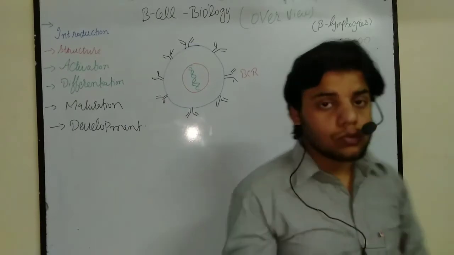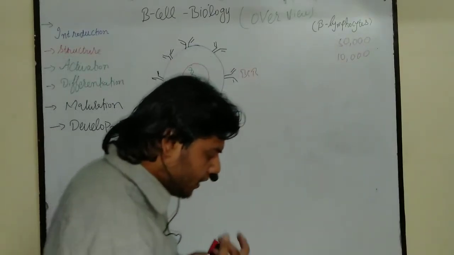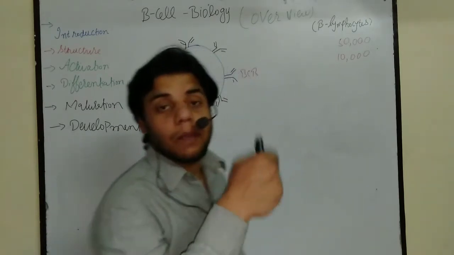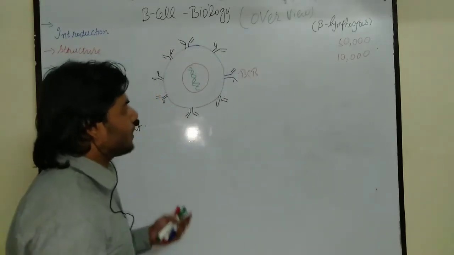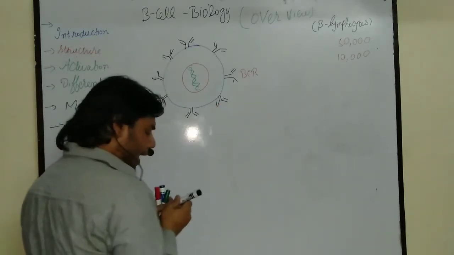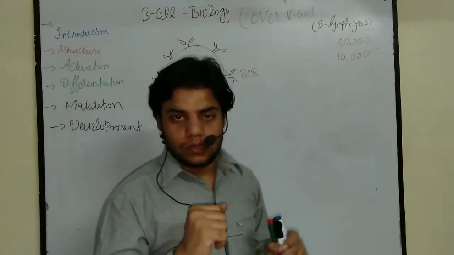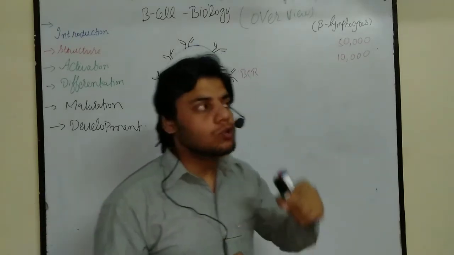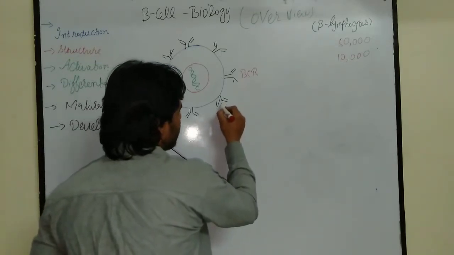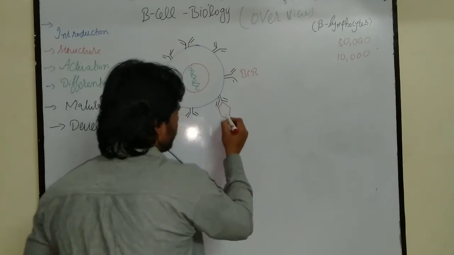So now let's talk about B cell activation. Mainly the B cell will be activated when microbes are internalized, let's suppose any kind of pathogen which comes in contact with this antibody. Just imagine any kind of antigen comes inside the body. Then what happens? It will contact this portion, the antibody portion, as you can see.